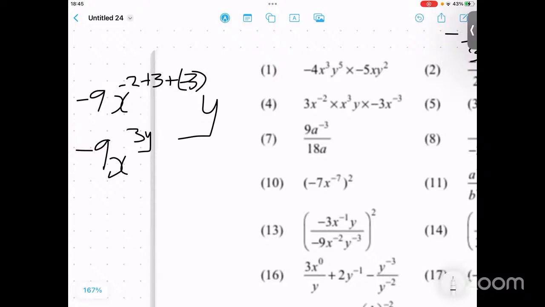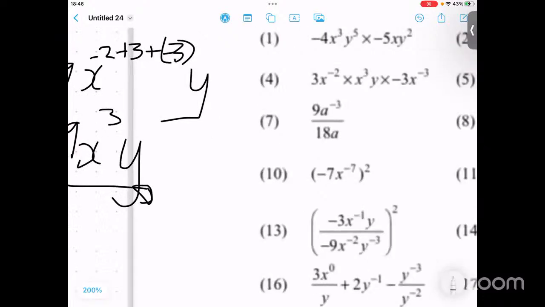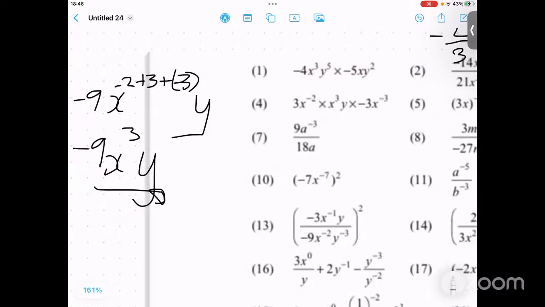So you meant to the power of 3 and then y is down here. Okay. And this is your final answer? No, ma'am. Ma'am, my answer is -9x to the power of -2, and y. To the power of -2, not 3, ma'am.